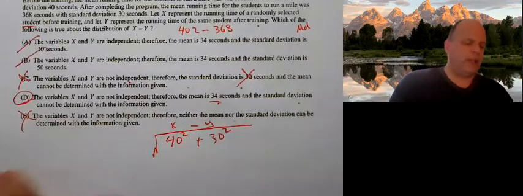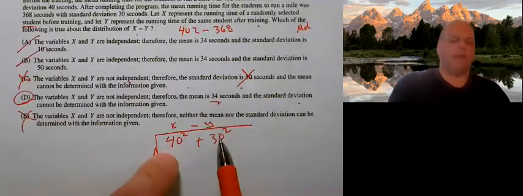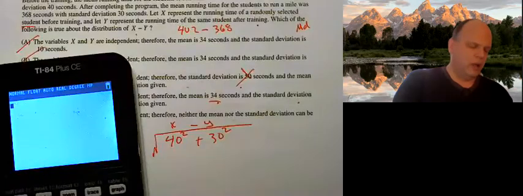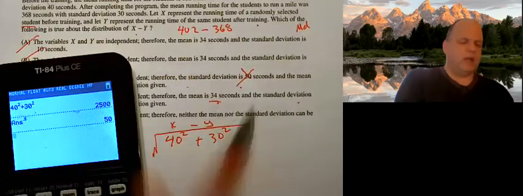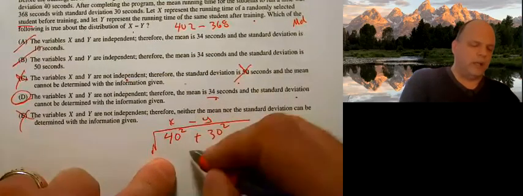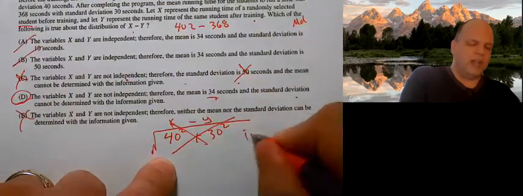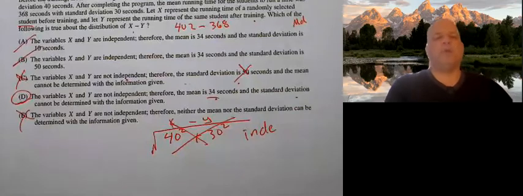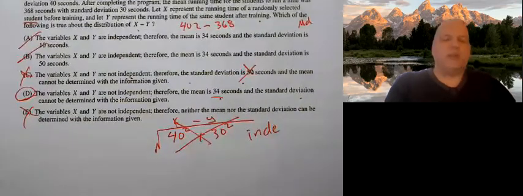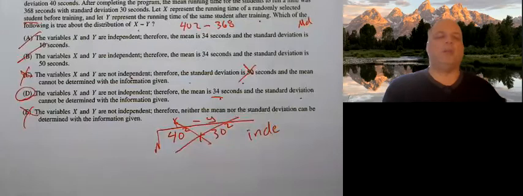If we did that, we would have gotten a standard deviation of 50: 40 squared plus 30 squared, and I take the square root of that, and I get 50. But I can only do this if they're independent, and in this case they're not, because the same person was tested twice. How much they improved depended on the actual individual.